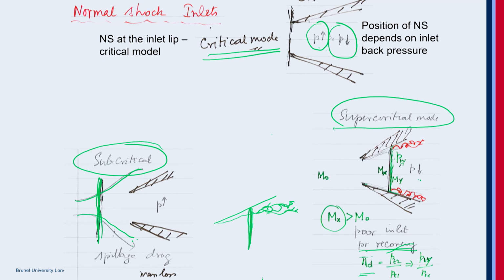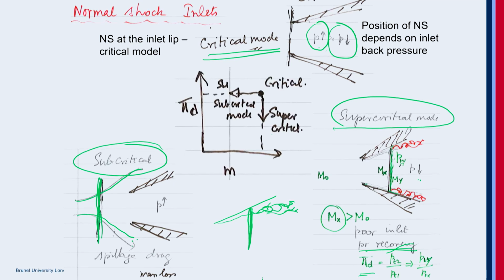Okay, now the performance of this is drawn here. On the y-axis, you have this pi d, which is the inlet pressure recovery. On the x-axis, you have the mass flow. Approximately between 80 and 90%, you can say is the stable regime here.